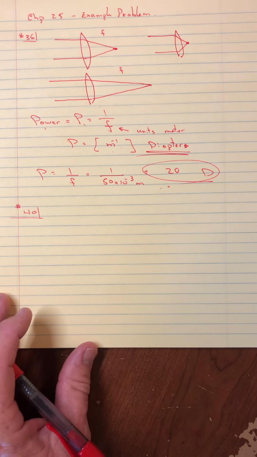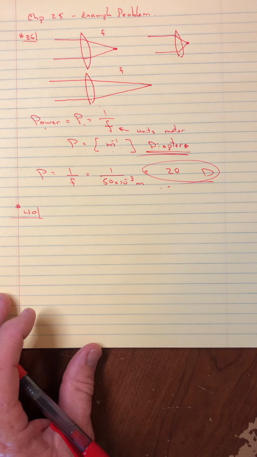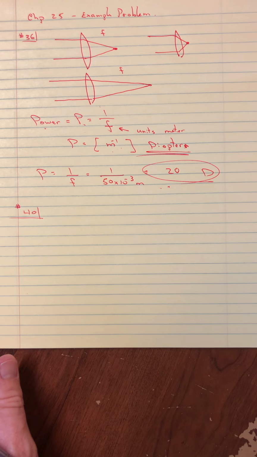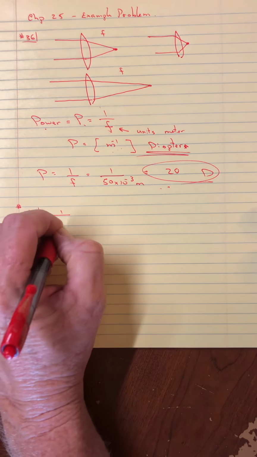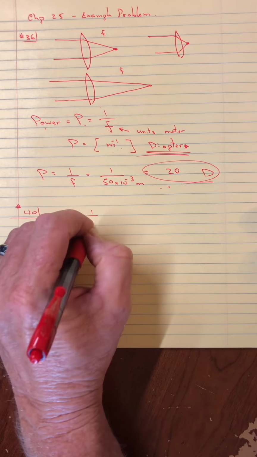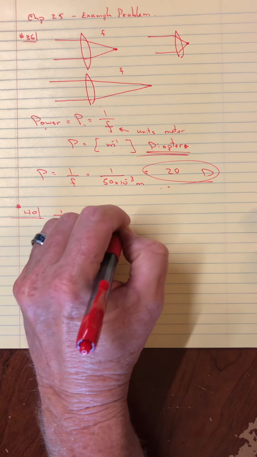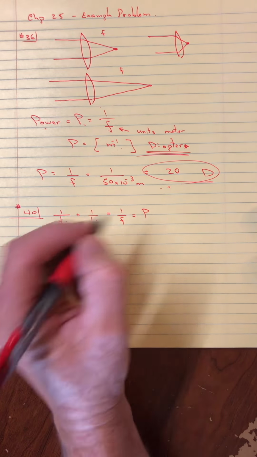All right, let's try number 40. 40 says, how far from the lens must the film of a camera be so that a lens that has a 35 millimeter focal length is being used to photograph a flower that is 75 centimeters away? So the idea here is object distance, image distance, focal length, which by the way is the power of it.